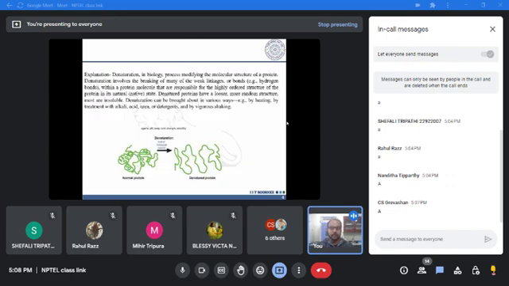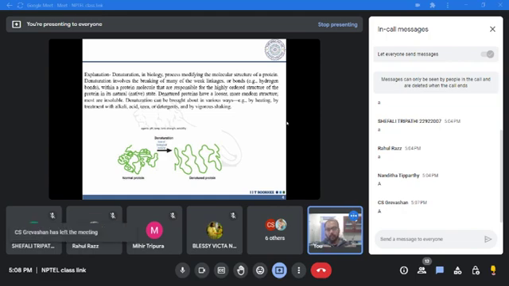What happens when denaturation occurs? It happens with different factors, like a change in pH, very high temperature, ionic strength, or very high solubility.